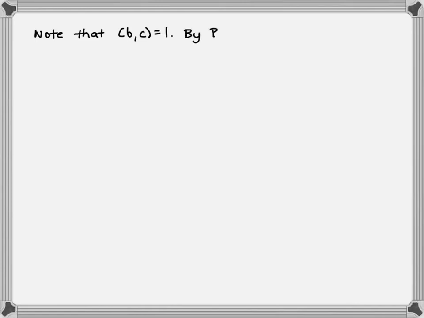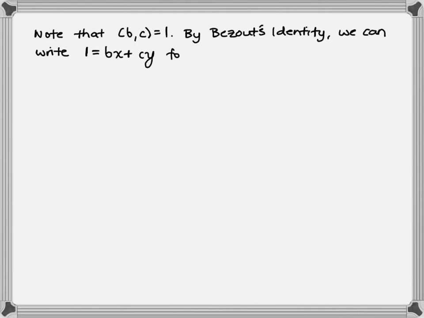So by Bezout's identity, we can write 1 as a linear combination of B and C. Then we get the following equation. We have that 1 is equal to BX plus CY.